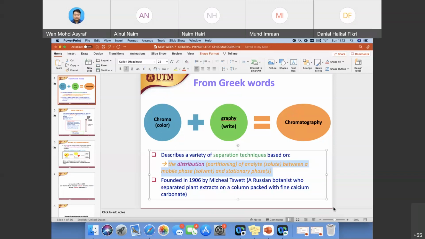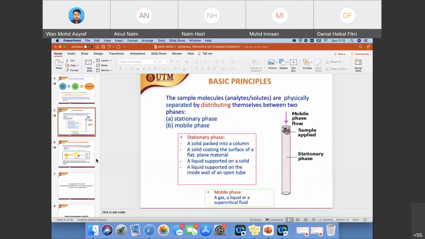So let's look at the basic principle of chromatography itself. Right now, we are going to look in depth at what it means by distributing, what it means by stationary phase, and what it means by mobile phase. The sample molecules, in this case we call analytes, are physically separated by distributing themselves between two phases.